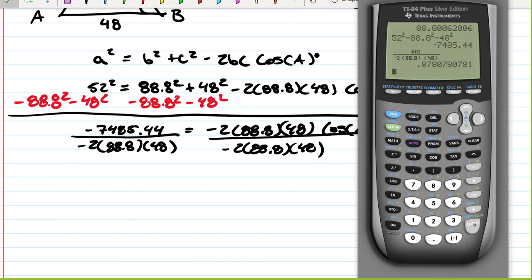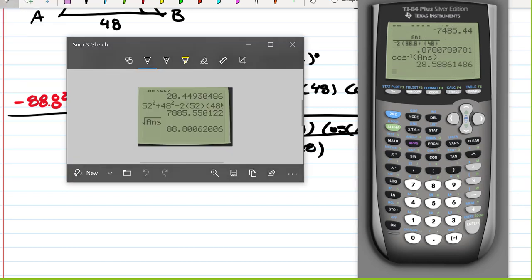But then that's cosine equals this. So we take the inverse cosine of the answer without rounding, and we end up with this.